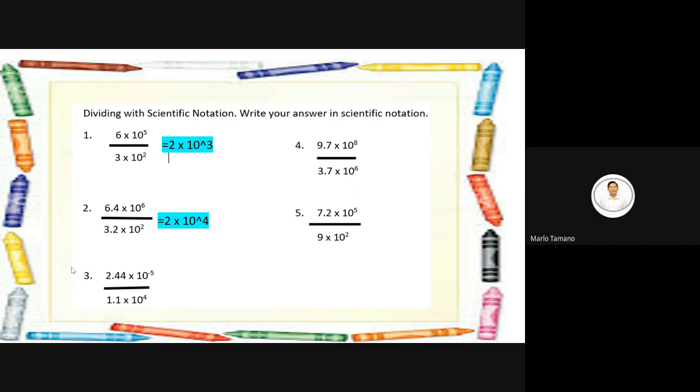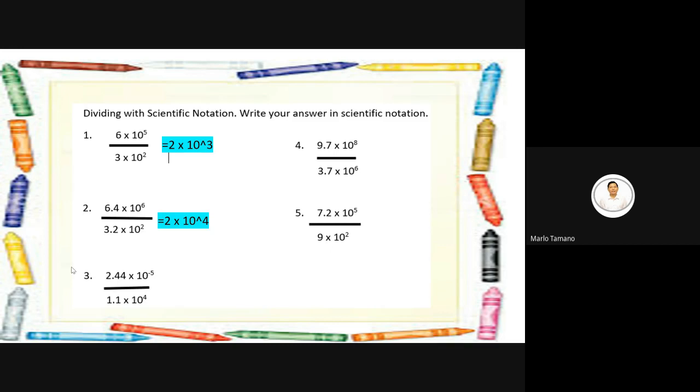Okay, yun po yung repeated numbers. Ano sagot? 2.2181818.